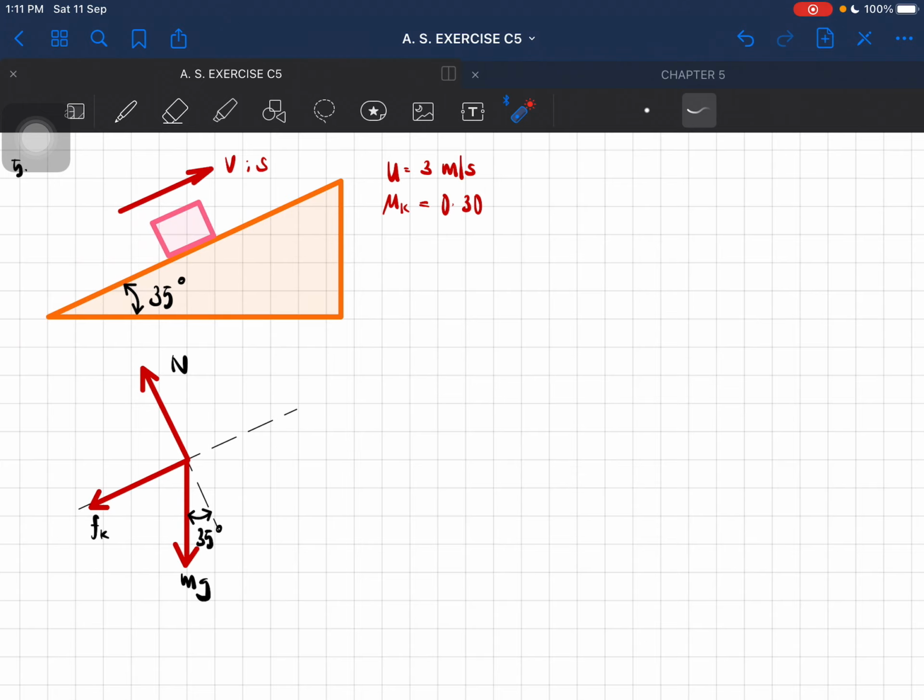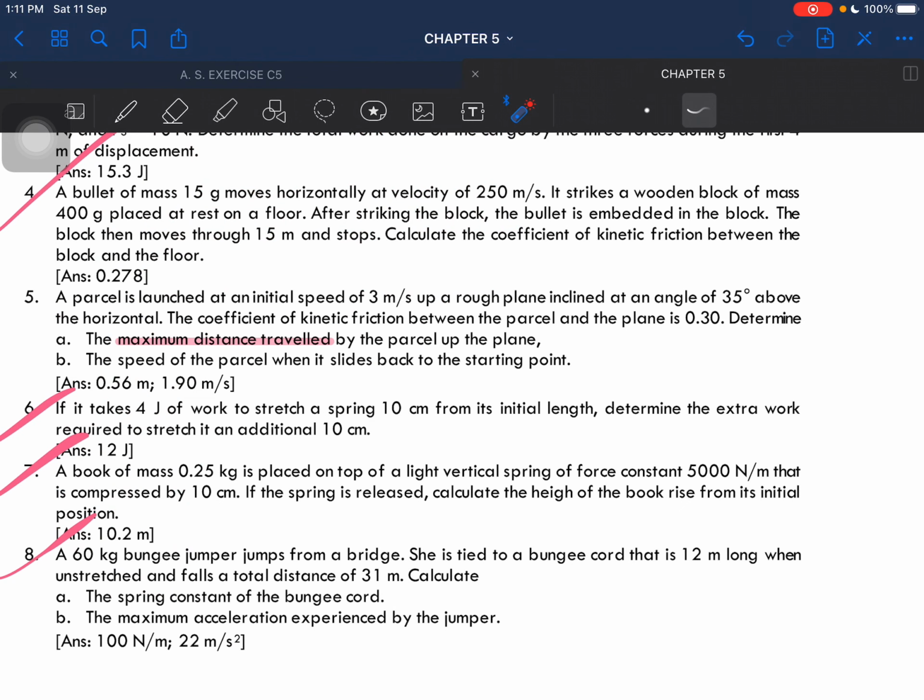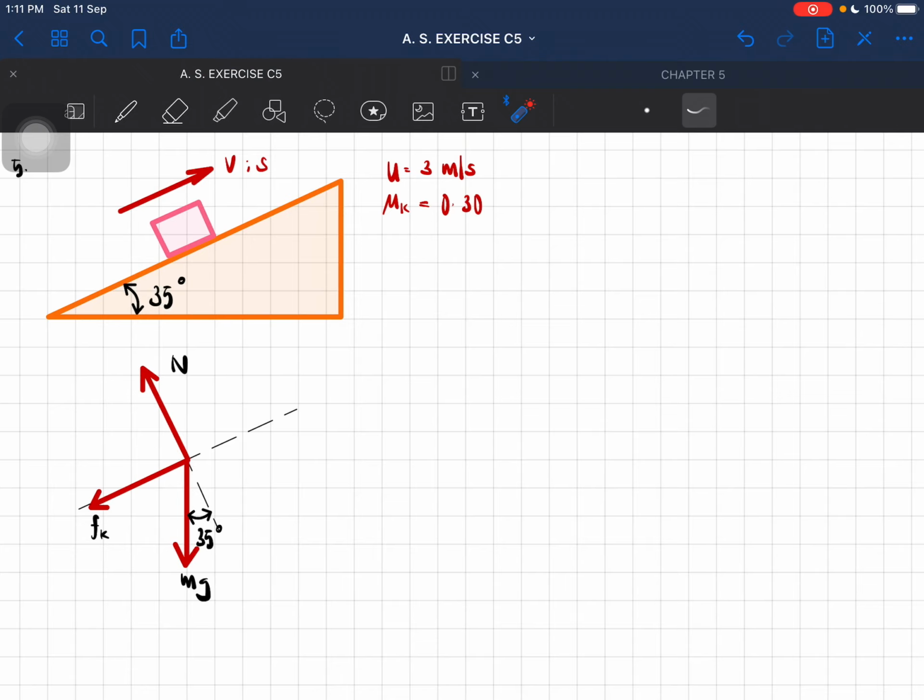Okay, alright, so now we are gonna solve this by using the work kinetic energy theorem. Okay, unless it is mentioned in the question, you have to use the work kinetic energy theorem. But if it is not mentioned like in this question here, you can actually also use the chapter 4 solution. Okay, but this is the chapter 5 exercise, so I'm gonna use the work kinetic energy theorem.